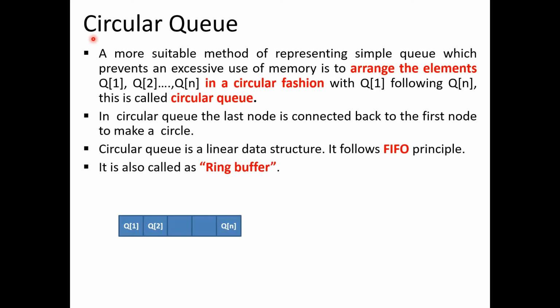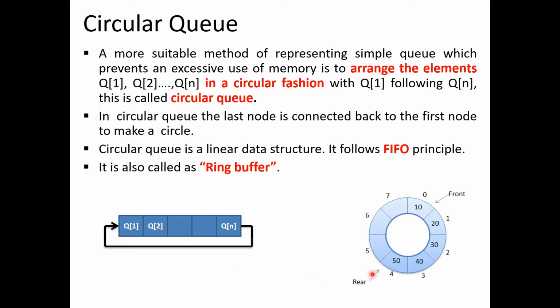Now see here, a queue is given and elements are located in this queue: q1, q2 up to qn. Here, to make the queue circular, qn is followed by q1, so it will prevent excessive use of memory.